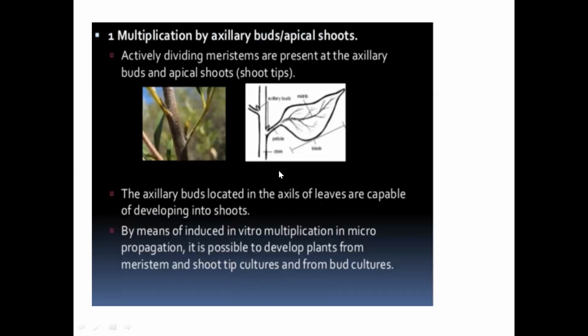These are some slides which will show you how axillary buds are used. What is an axillary bud actually? It is where you take the explant from, located in the axil of the leaf, between the leaf and the stem. You can use this for micropropagation because they will have meristem and shoot tip cells.